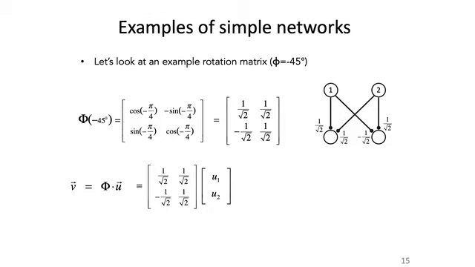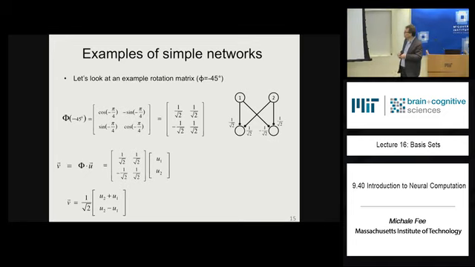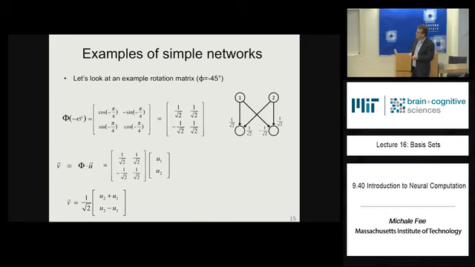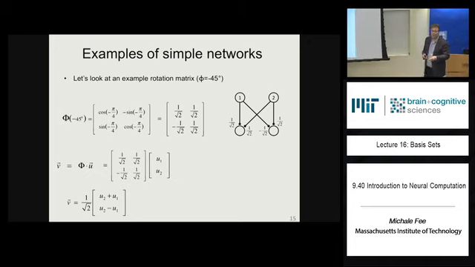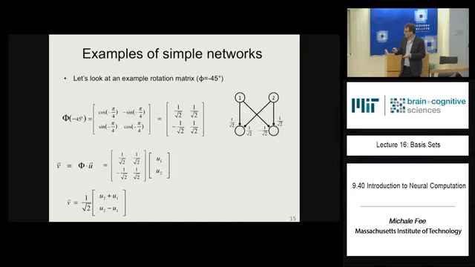And we can do that multiplication to find that the output firing rate vector looks like one of the neurons has a firing rate that is the sum of the two input firing rates, and the other output neuron has a firing rate that is the difference between the two input firing rates.